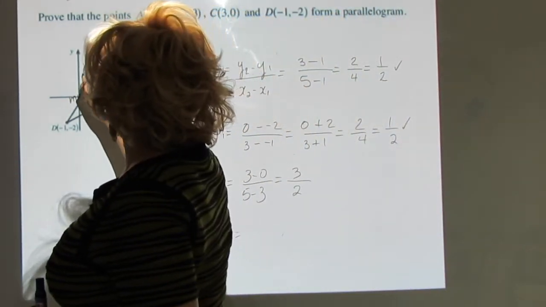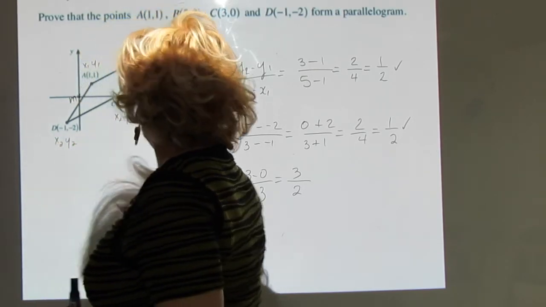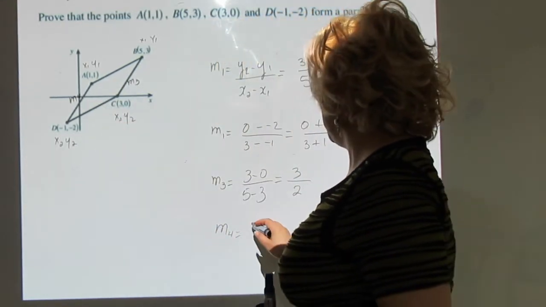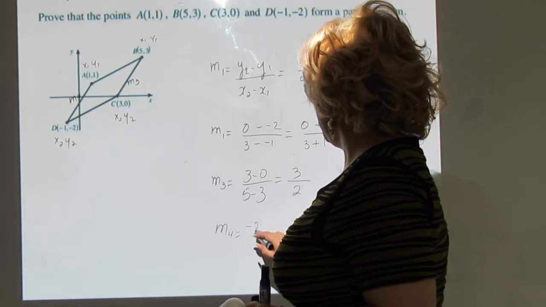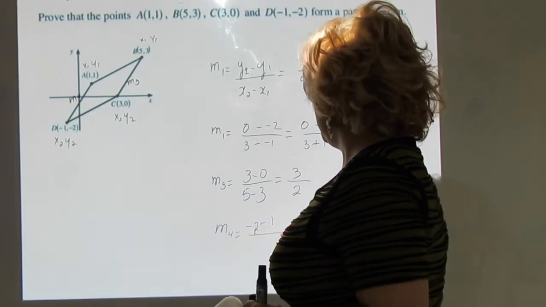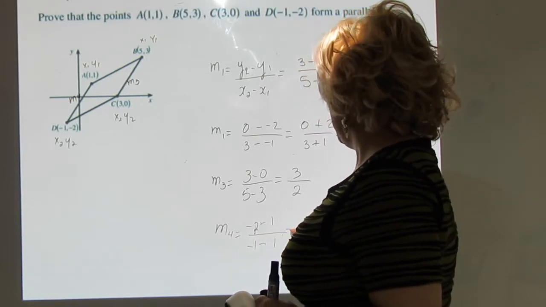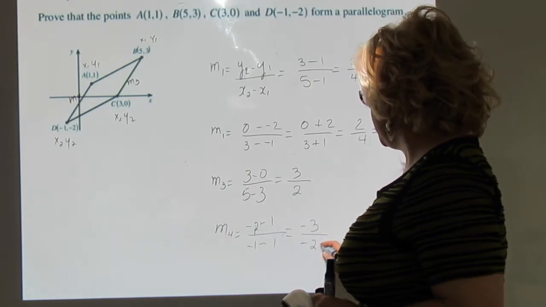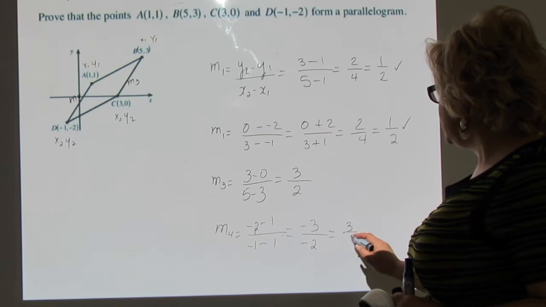This is x1, y1, x2, y2. So that will be equal to minus 1, minus 2, minus 1, divided by minus 1, minus 1. This is minus 3 divided by minus 2, and negative divided by negative is positive, so this is 3/2.